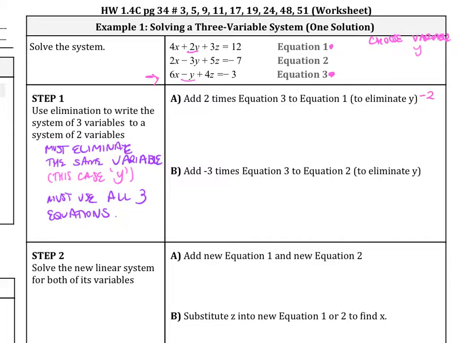So how am I going to change it? Well, I can multiply this by a positive 2. So let's multiply. Make sure you distribute. This is 12x minus 2y plus 8z equals negative 6. And again, I'm multiplying by a positive 2 in this case.